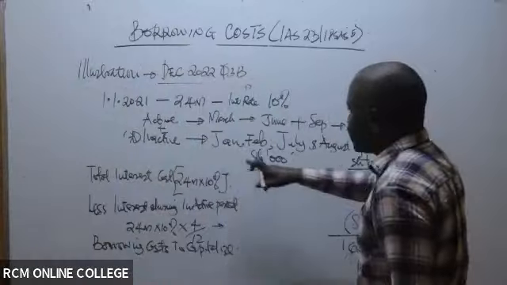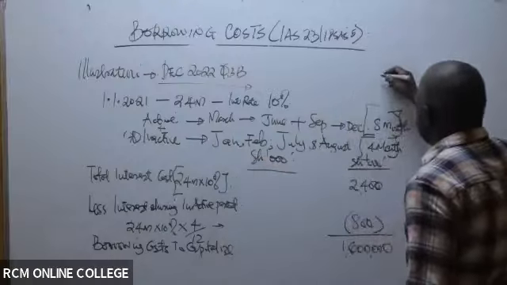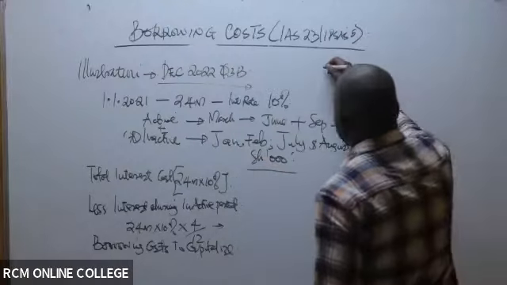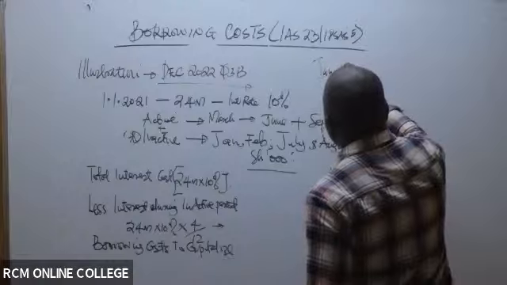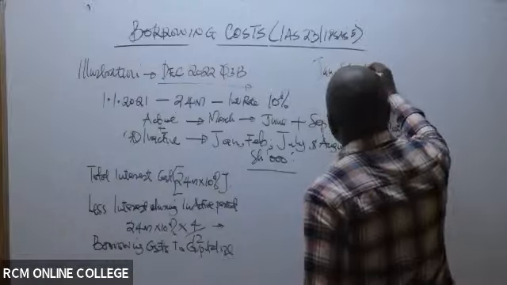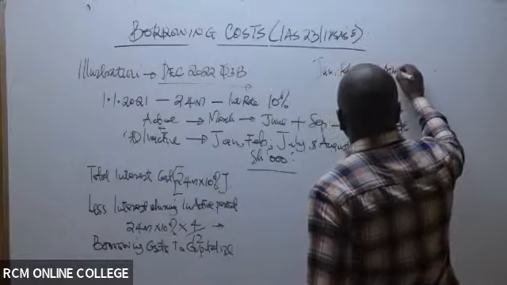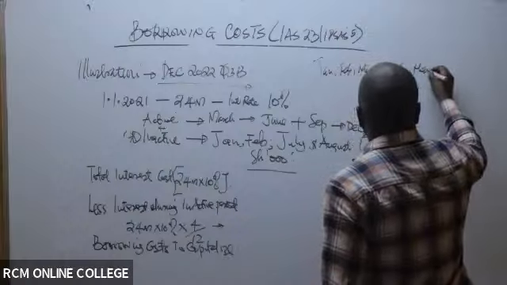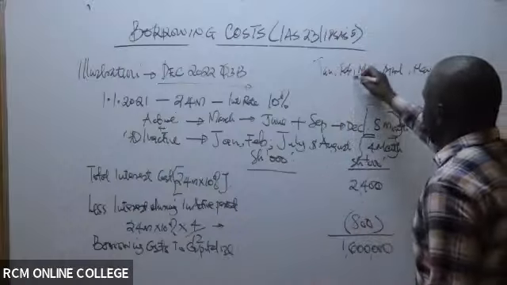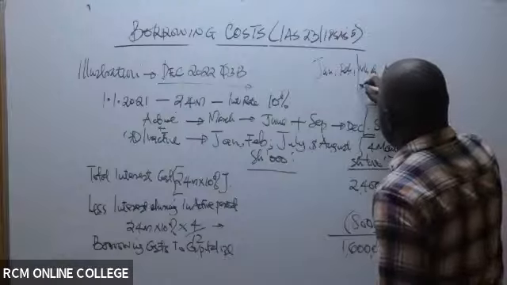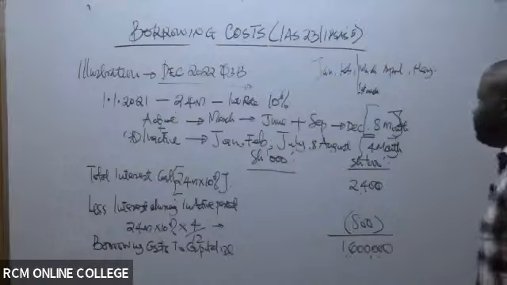Remember, the construction started in March. So January, February, March, April, May. And the construction started on 1st of March.